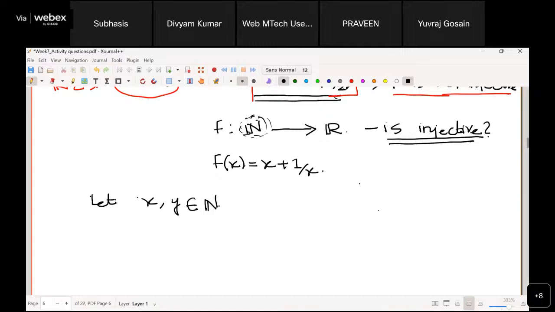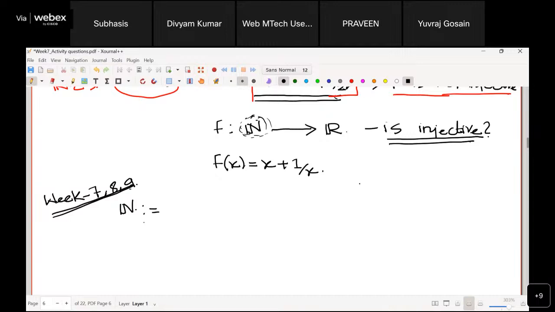So okay, one major thing you need to always remember is that in weeks 7, 8, 9, your natural number basically starts with 1 instead of 0, because in previous weeks you know that 0 is always inside the natural numbers.